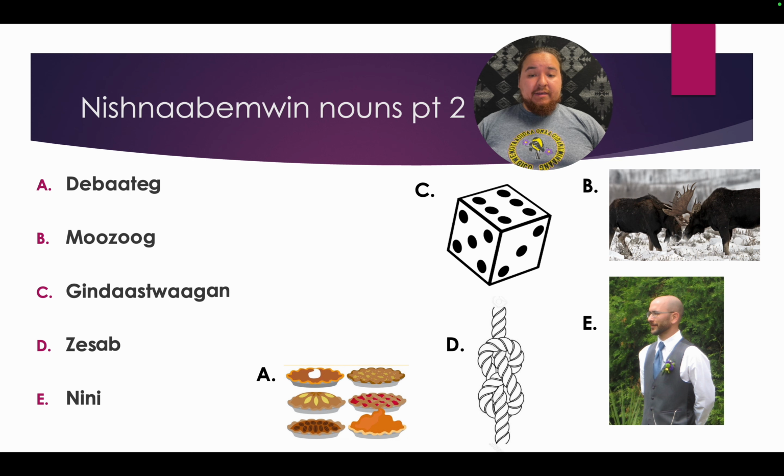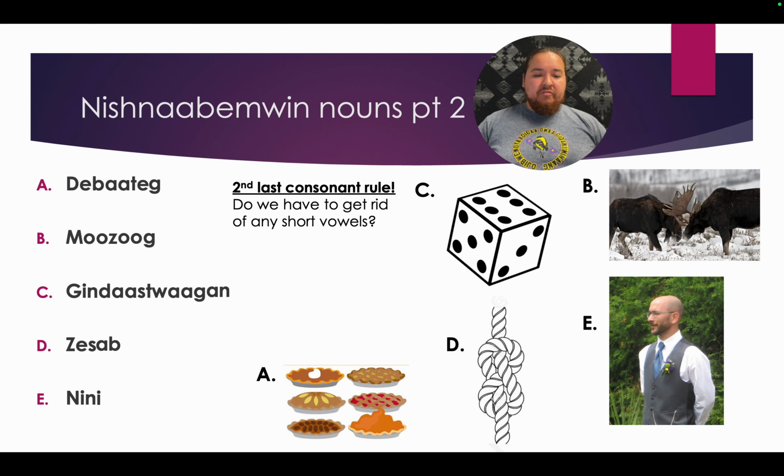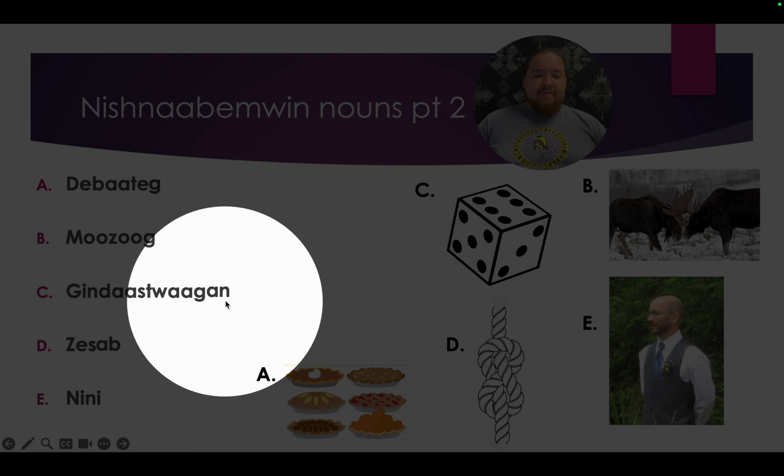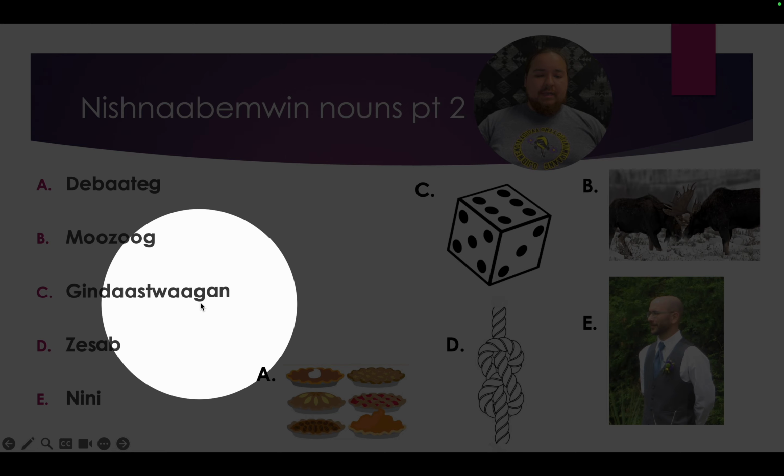Next one, gindostwagan. So again, second last consonant rule. Let's count to our second last consonant. We know the N sound is a consonant sound. It's made with a closed mouth or teeth. Then there's a short vowel sound. G is made with a slightly closed mouth and struggled to maintain. So that's our second last consonant.